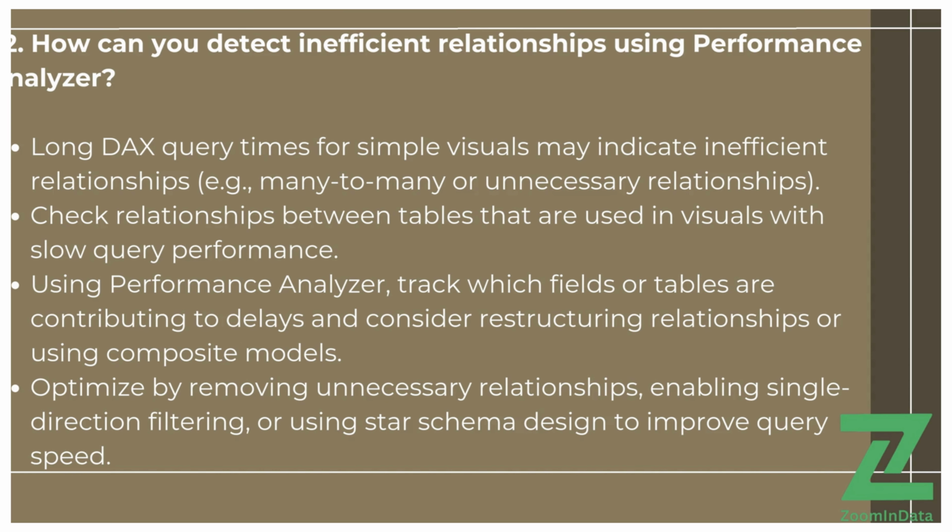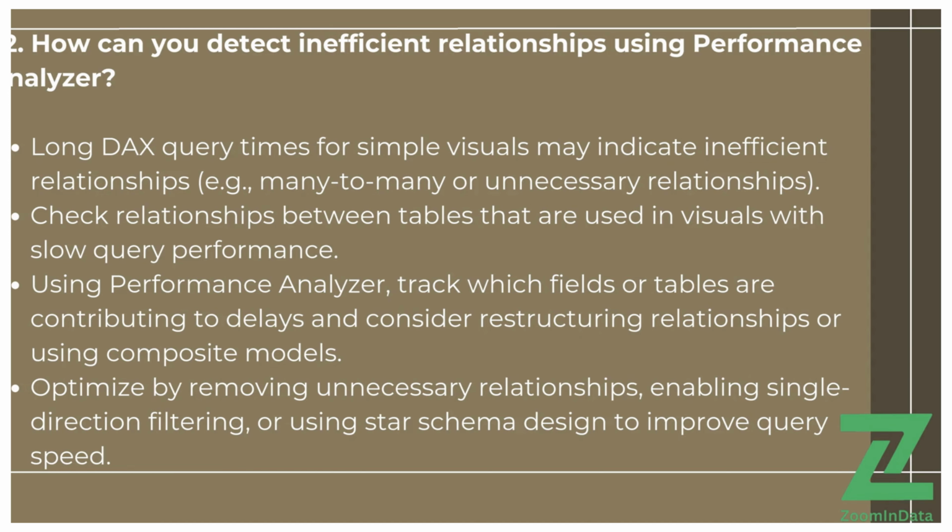32nd question. How can you detect inefficient relationships using Performance Analyzer? Long DAX query times for simple visuals may indicate inefficient relationships. Example: many-to-many or unnecessary relationships. Check relationships between tables that are used in visuals with slow query performance.